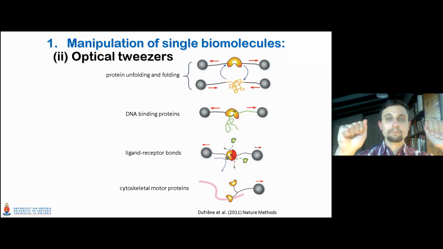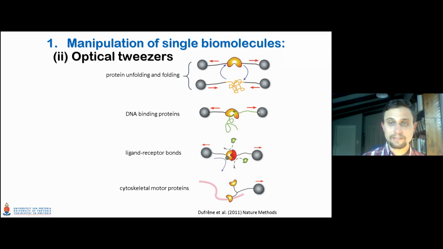You can then pull these two beads apart, and by doing that, you are pulling the protein apart. This is one way of investigating protein folding, or the forces that proteins can withstand. All these mechanical properties of the proteins can be investigated in this way.